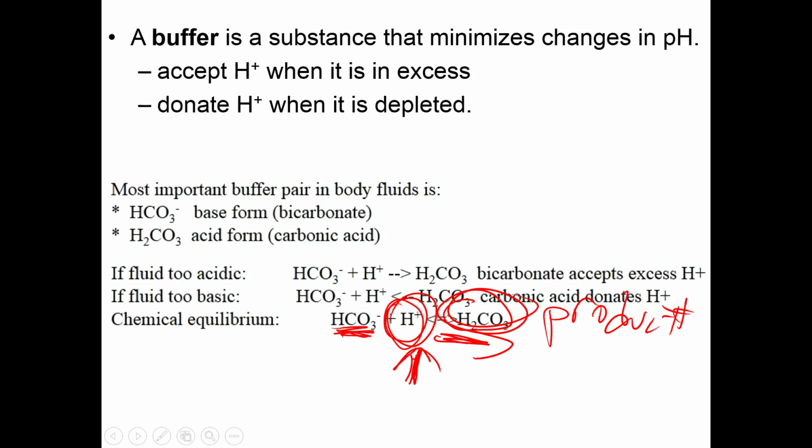But you have a set amount of bicarbonate. By dumping more protons in, eventually it's going to reach a threshold where you've used up all of your bicarbonate, so you won't form any more product after that point.